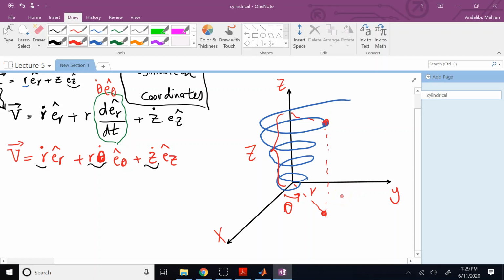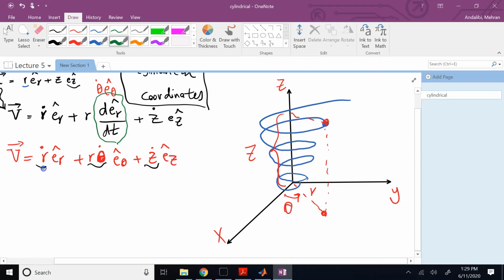Now, what's the meaning of each one of these? As this particle moves along this spiral, what would happen? First of all, the radial distance, this R, that it has from the z-axis can get smaller or bigger. The first term is that velocity.